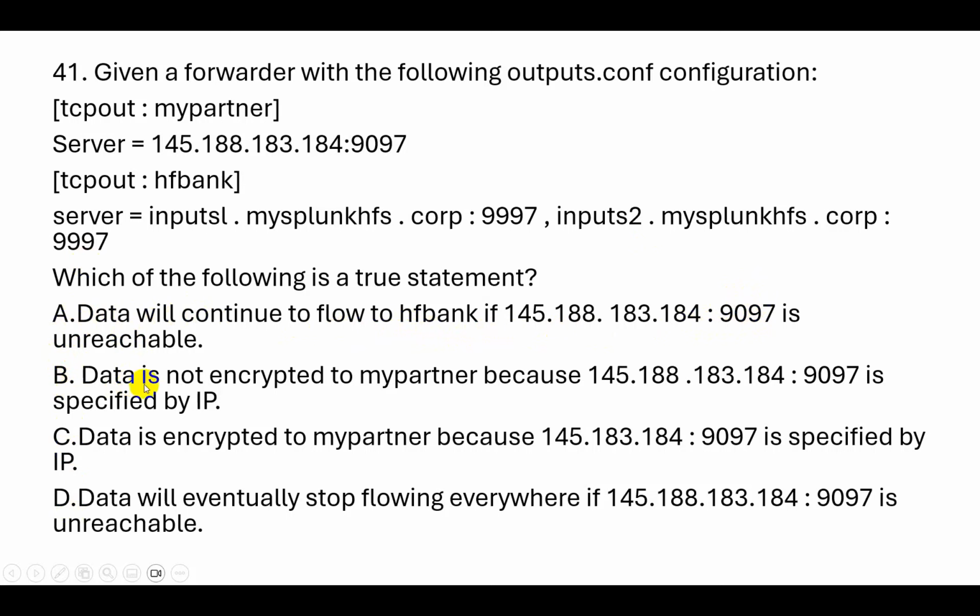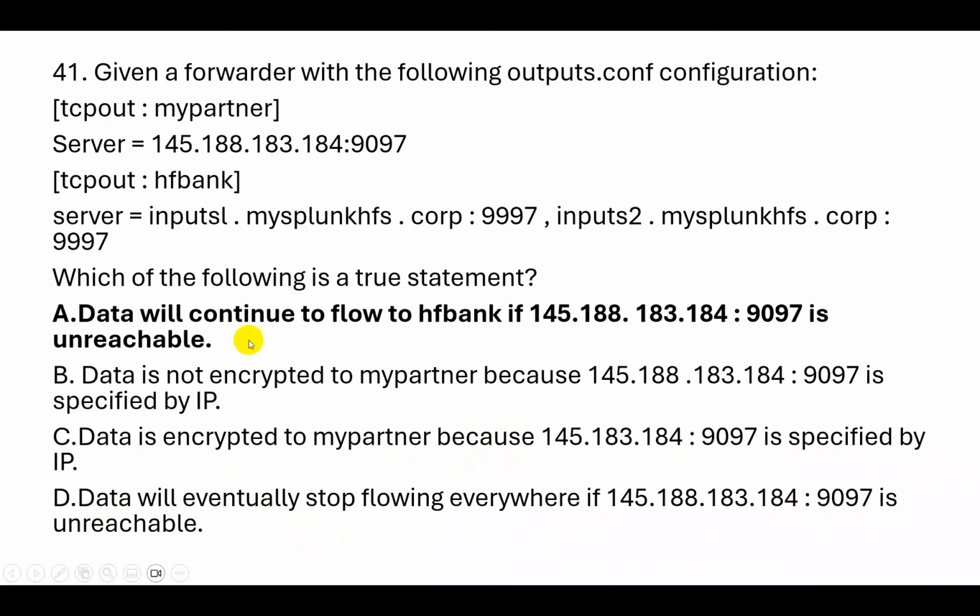B, data is not encrypted to my partner because the IP and port address is specified by the IP. C, data is encrypted to my partner because the IP and port address is specified by the IP. D, data will eventually stop flowing everywhere if the IP and port address is unreachable. Now the answer is data will continue to flow to the HF bank if the IP and port address is unreachable.